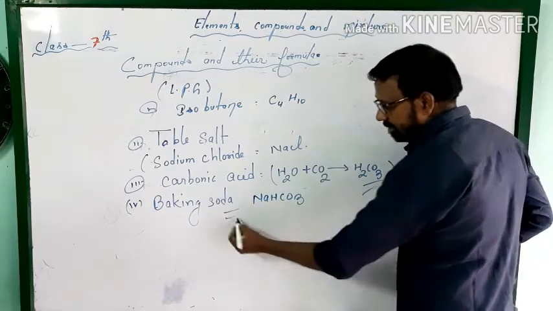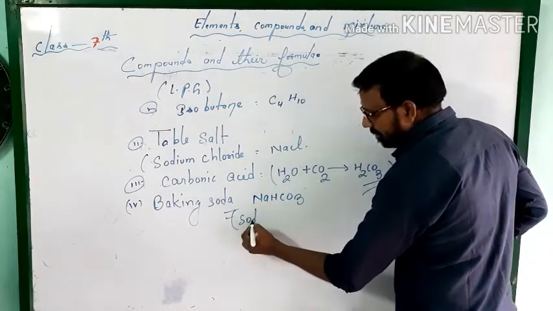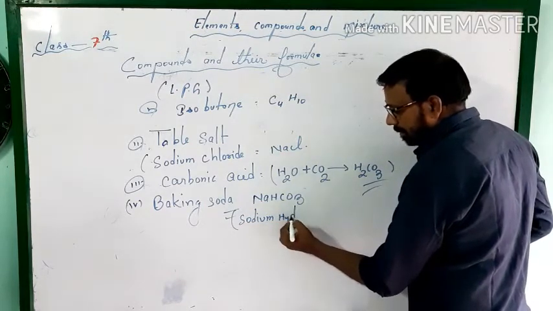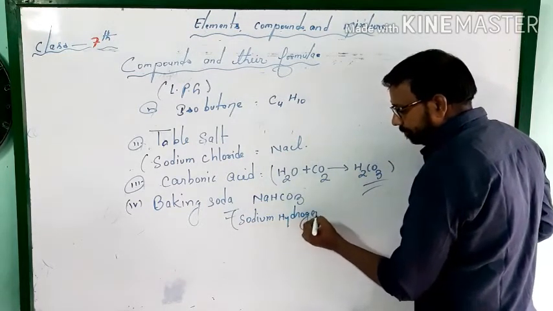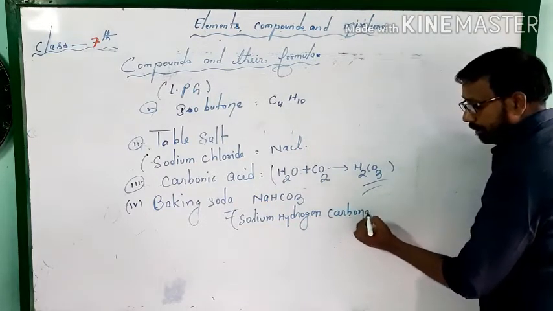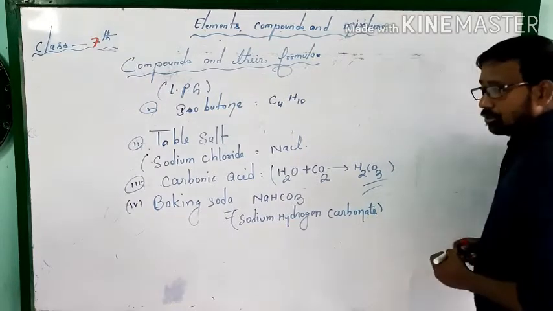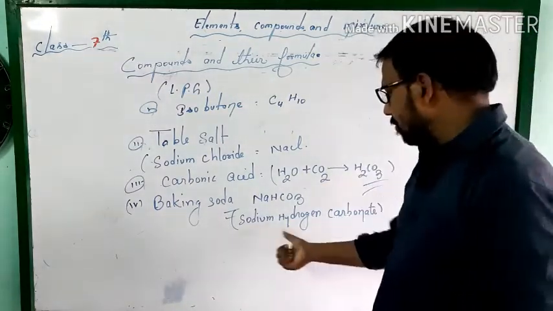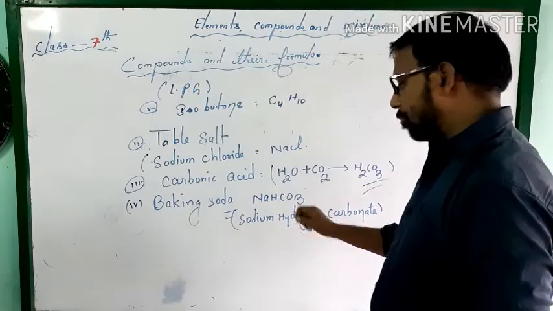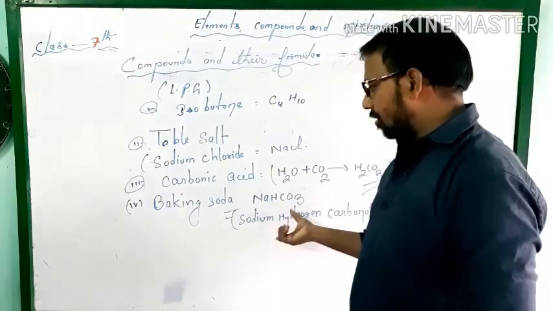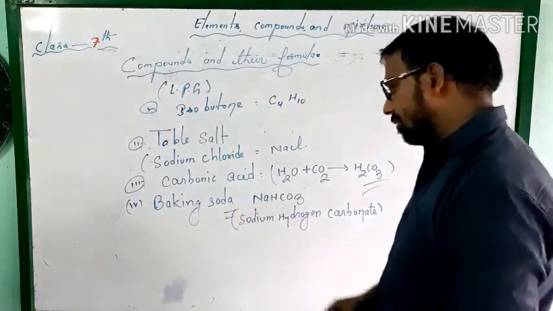NaHCO3. Its name is sodium hydrogen carbonate. CO3 stands for carbonate. That is the formula of baking soda.